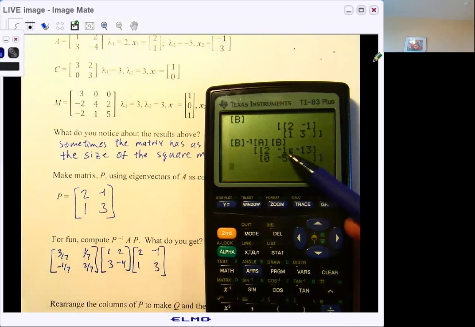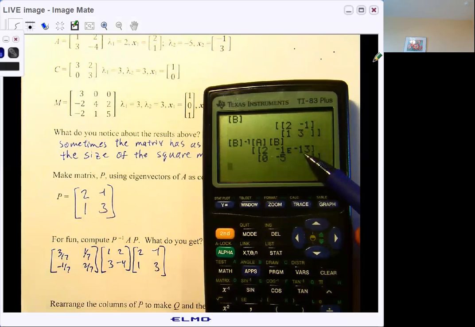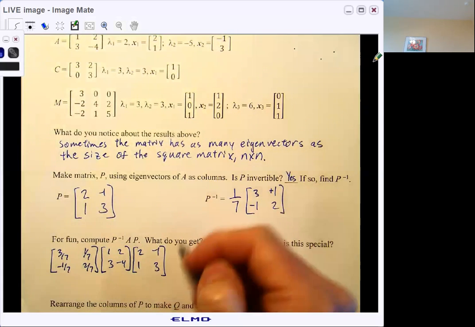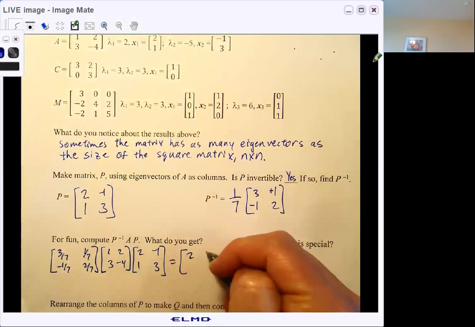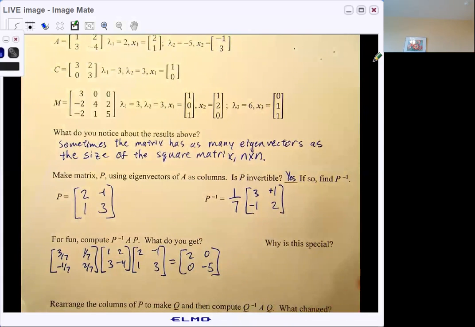When we do that, we get 2, -1e-13, which is basically 0. That number's so tiny, it's in scientific notation. Then 0, -5. So we get 2, 0, 0, -5. Why is that special? What's the relationship here?